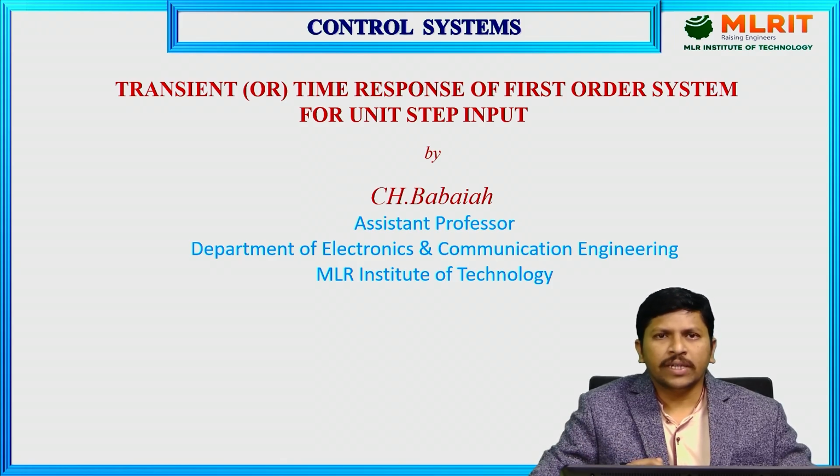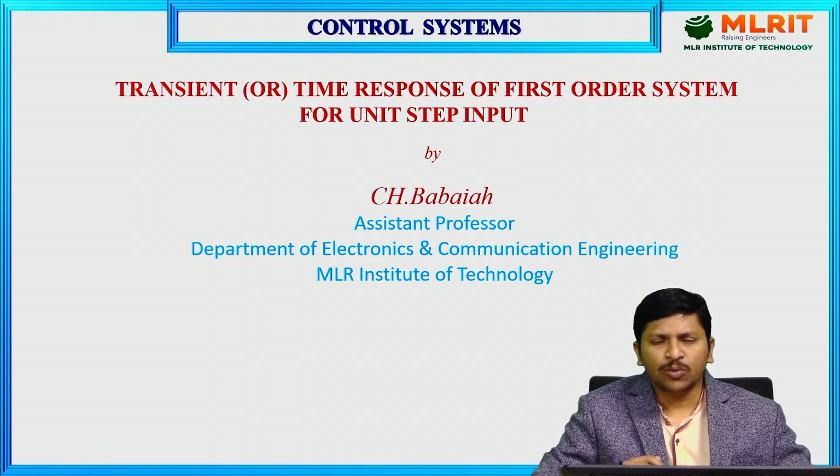Today I am going to explain the time response, or transient response, of the first order system for the given input as a unit step input. We have standard test signals. We have to test any system by applying the standard test signals. The standard test signals are the step signal or unit step signal, ramp signal or unit ramp signal, parabolic signal or unit parabolic signal, and impulse.